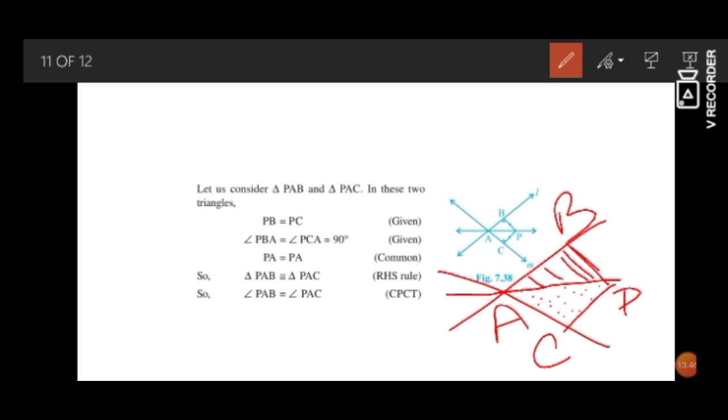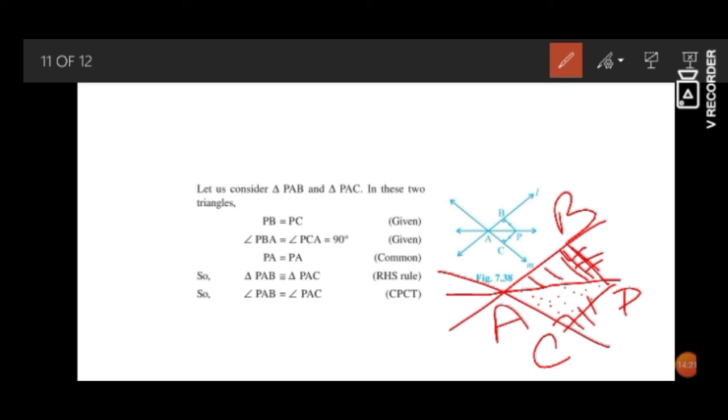Here PB is equal to PC, already given. Angles B and C are 90, that is PBA and PCA are 90, and PA is the hypotenuse. PA is the common side to both triangles. By RHS, right angle, hypotenuse and one side should be equal, the triangles PBA and PCA are congruent by RHS rule.